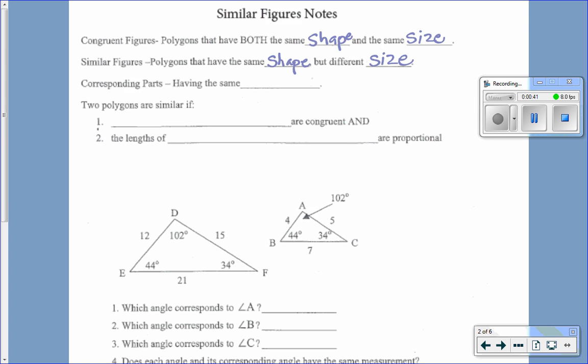So, we're going to talk a lot about corresponding parts, corresponding angles, and corresponding sides. So what are corresponding parts? They have the same location. So for example, this table of 3 is the same as Zaina's table of 3, right?